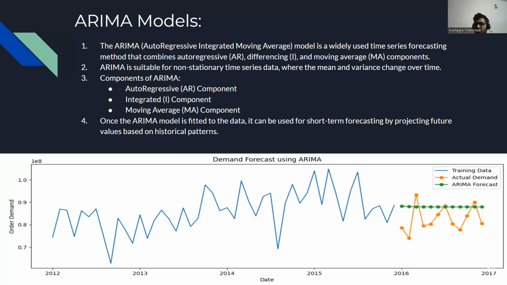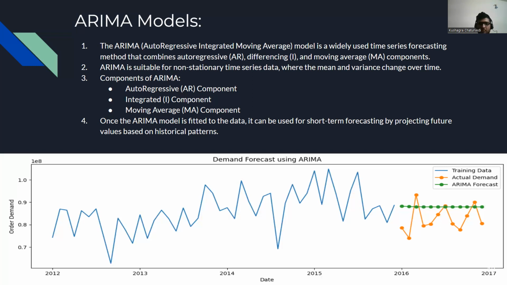Then we have the integrated component. The integrated component represents the differencing of the time series and its previous values, so that we can make it stationary. Stationarity refers to constant statistical properties in a particular variable.